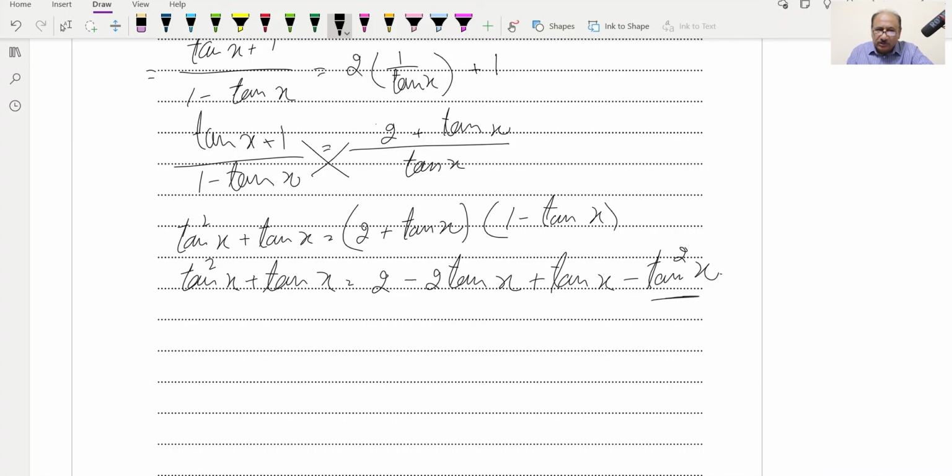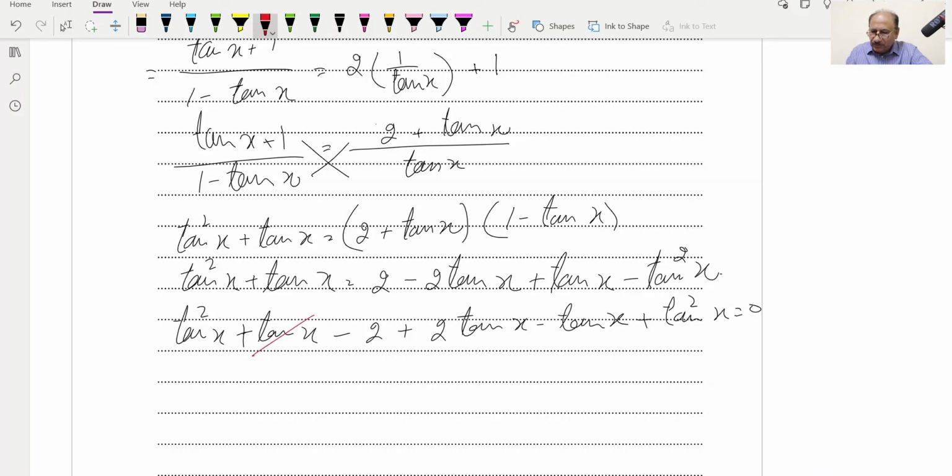And this tan square x we can shift to the other side. Basically we'll shift everything from this side to the other side, and that will be what? So it will be tan square x plus tan x and minus 2 plus 2 tan x minus tan x and plus tan square x is equal to 0. And now we can add the like terms, and this we can cancel also.